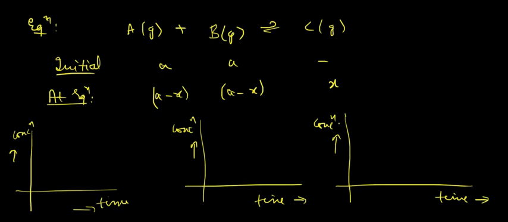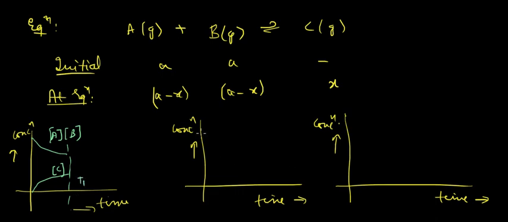Okay. So here, let's say at time t1, this is the rate of the forward direction, this is the rate of the backward reaction. So the concentration of A and B and the concentration of C at some point of time, which is t1.